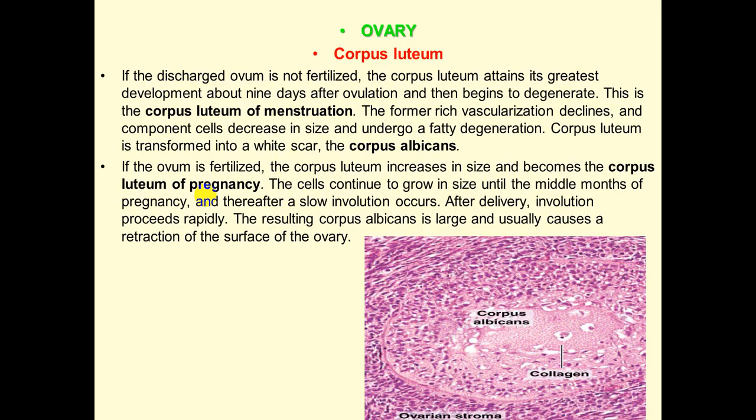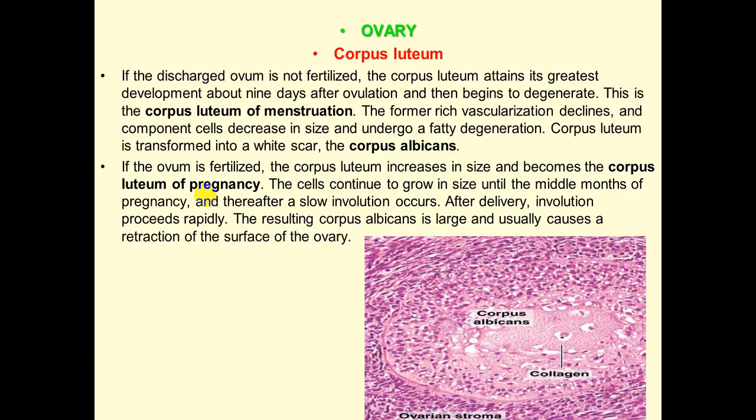implantation of the embryos, for the placentation, for the further growth of the uterus, growth of the fetus, and later the placenta also helps to maintain the production of hormones in the corpus luteum of pregnancy.